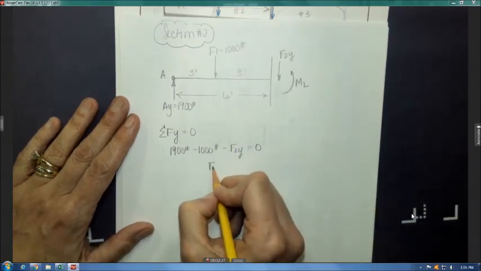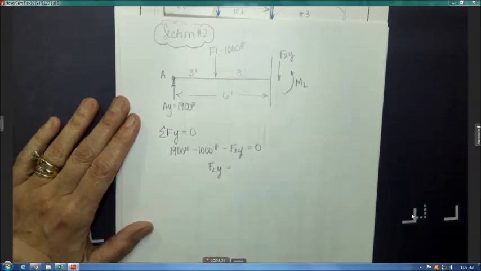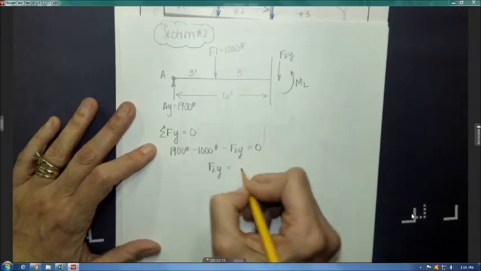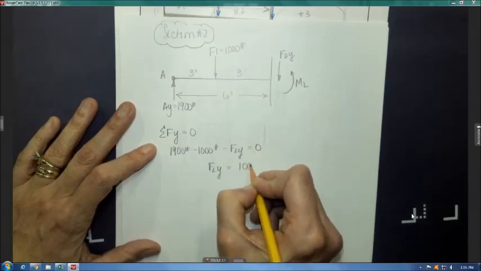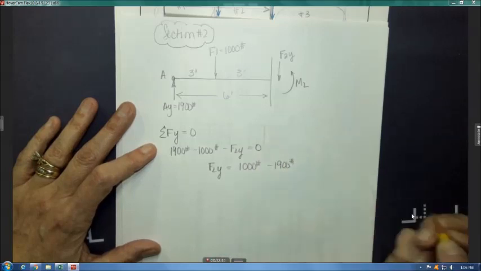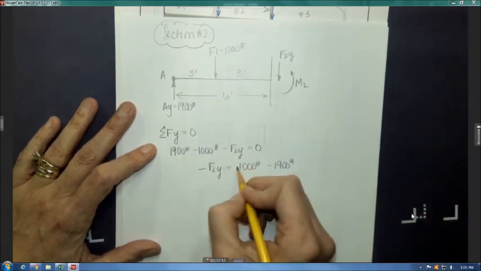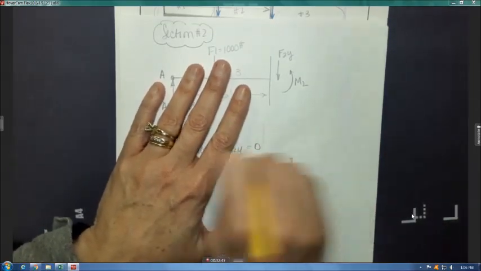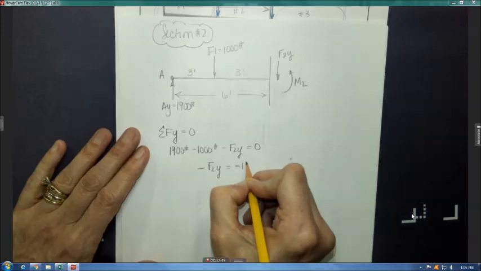So my F2y is going to be, if I put this to the other side, a positive 1,000 minus 1,900, and that would be a negative, so actually these go negative and positive. I'm going to do it this way.